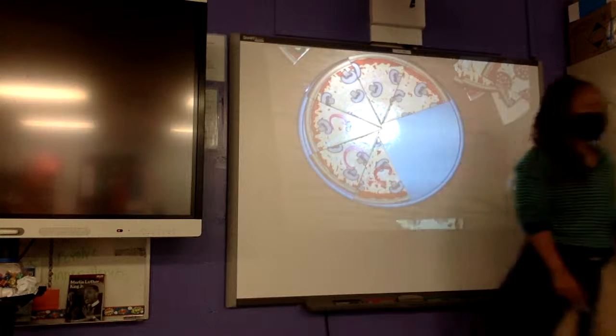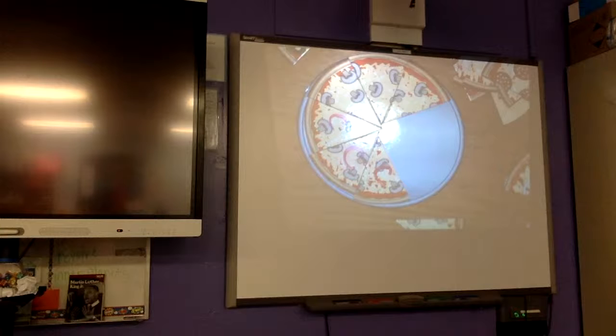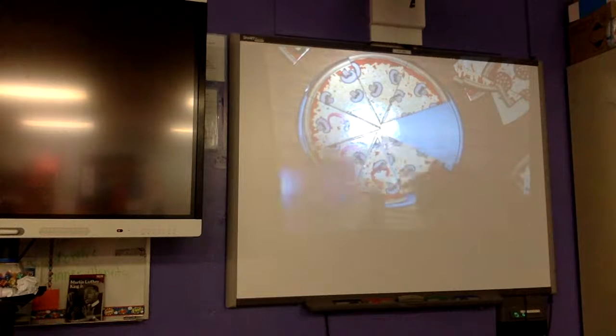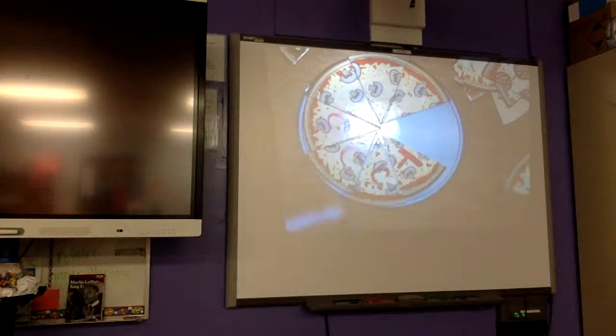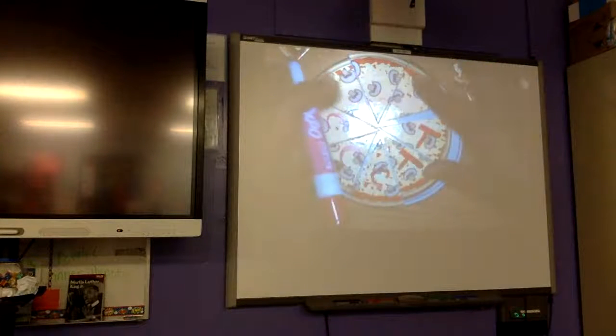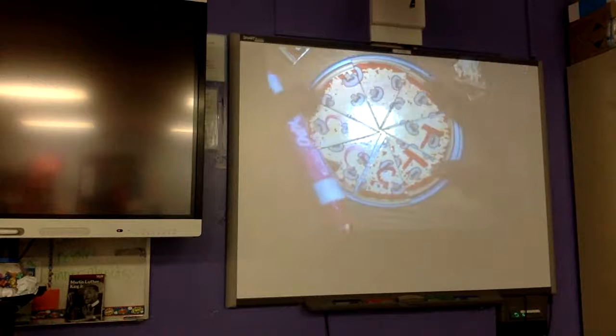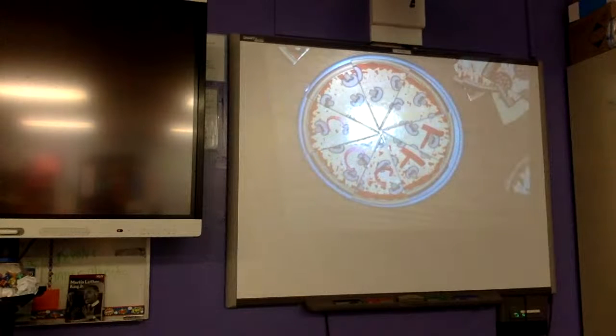Now, Charlie eats the 3/8. Tiana has 2/8. Do we see this now? Malachi and Thomas, do you see this? Now, Tiana has 2 and Charlie has 3. If I count all the slices that have a letter on it, that's 1, 2, 3, 4, 5 slices.